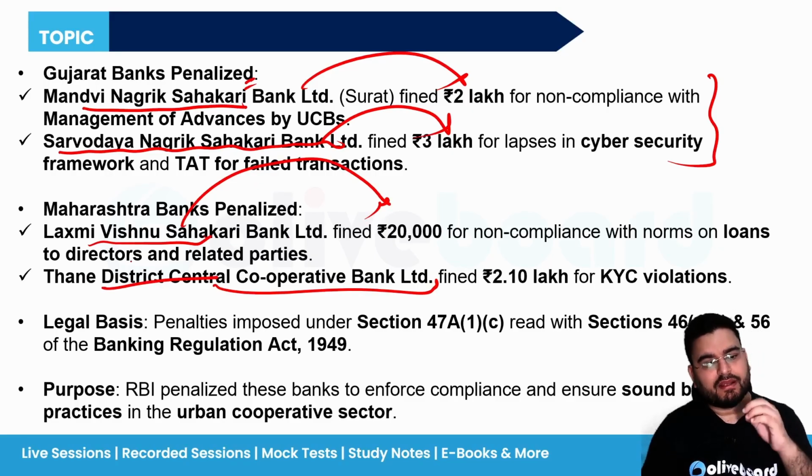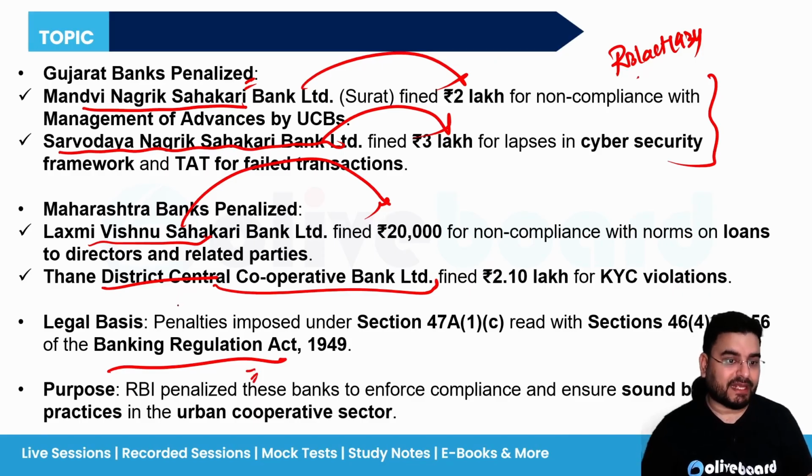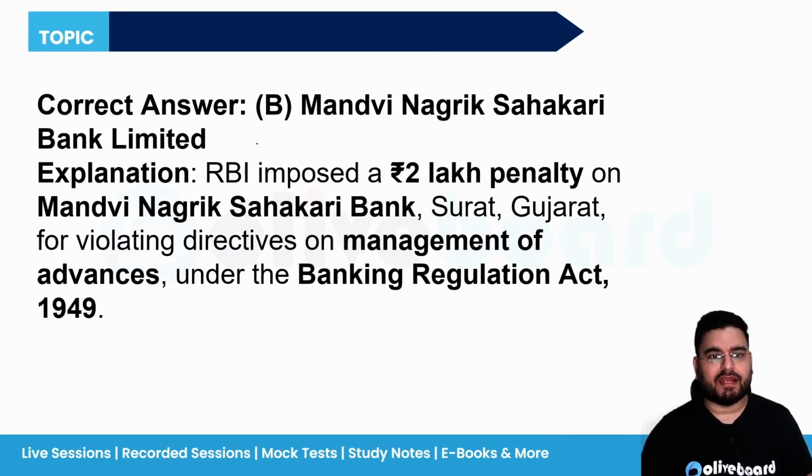Why? Because of the penalties imposed under the Banking Regulation Act. There are 2 acts. First is the RBI Act 1934, which gives the status and licenses, and then we have the Banking Regulation Act of 1949, which actually manages and regulates the banks. Okay, so Mandvi Nagrik Sahakari Bank has got a penalty of 2 lakh.